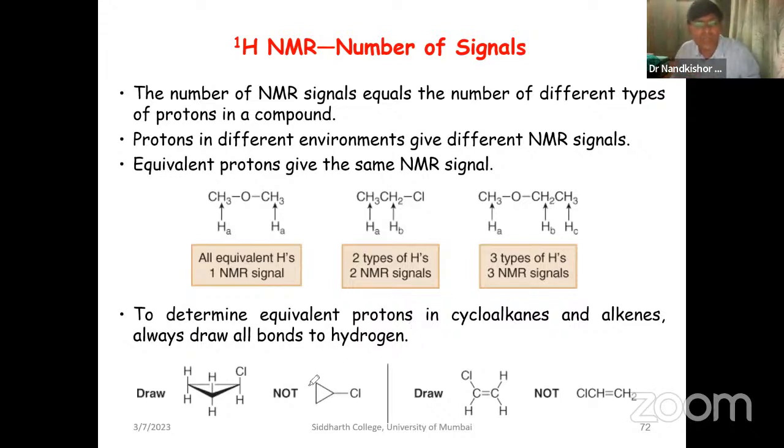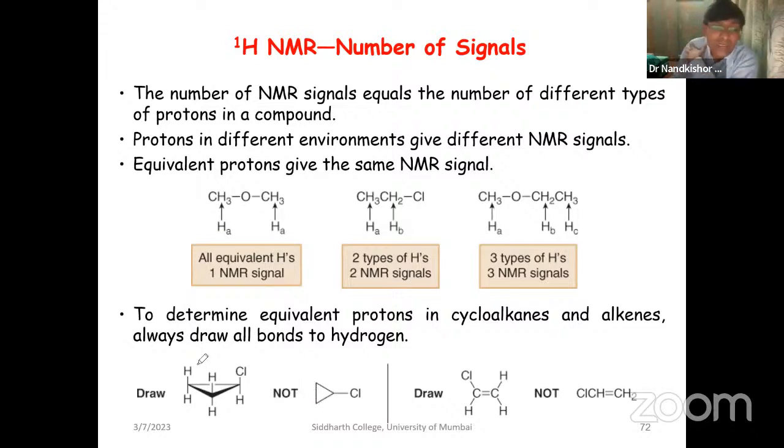Now look at the structure like cyclopropane, the cyclopropane which is monosubstituted. Here, in terms of the condensed structure, we'll know that this proton is over here, these two protons are here, these two protons are there. And we will understand that 1, 2, 3 signals may be there. But it is not like that.